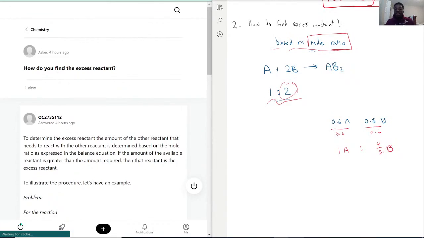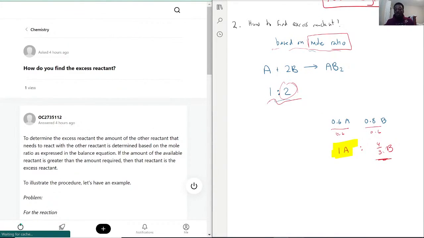So because, as you see here, the mole ratio isn't the same, the side that's slacking here, that's not giving up the amount of moles that it needs, is the B side, because B should be giving 2 moles for every 1 mole of A. So in this case, even though we had quote-unquote more moles of B, B would be the limiting reactant and A would be the excess, because A would be what's left over at the end of the day.